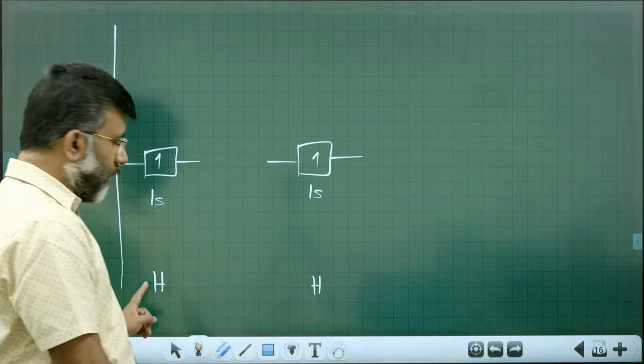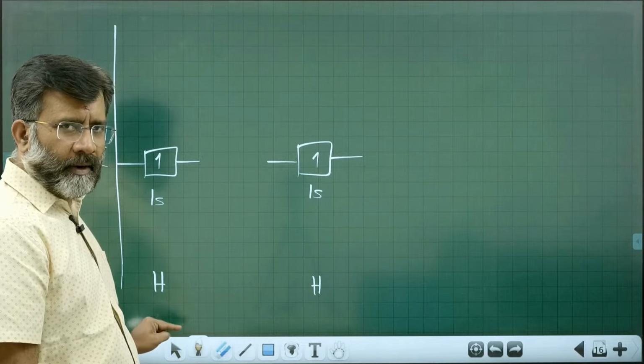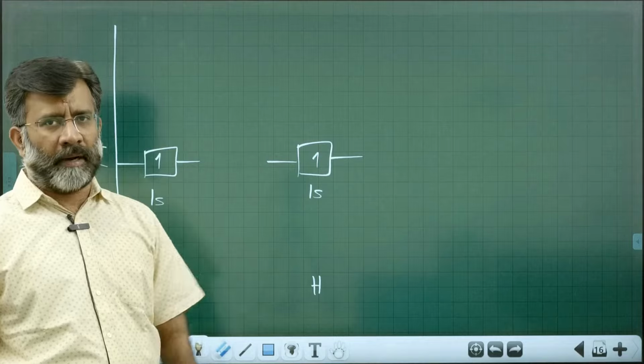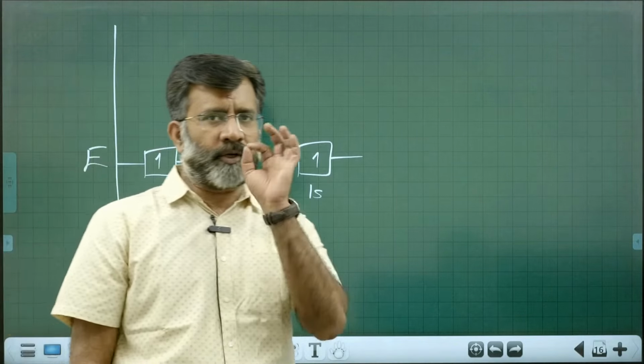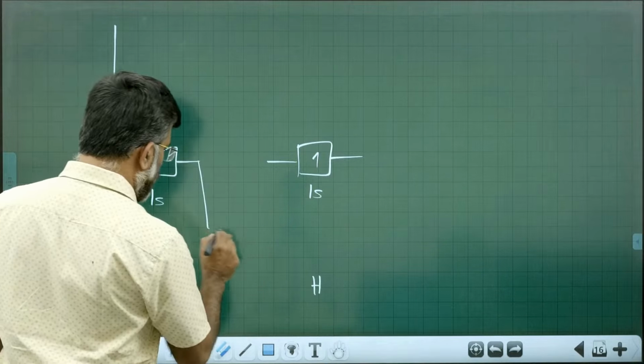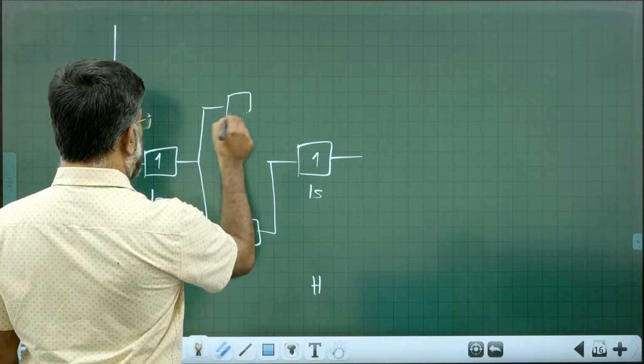So this is one hydrogen atom and this is another hydrogen atom. This is atomic orbital of one hydrogen atom. This is atomic orbital of the next hydrogen atom. They are going to combine. When they combine, you get two new molecular orbitals. One is with the lower energy and one is with the higher energy.